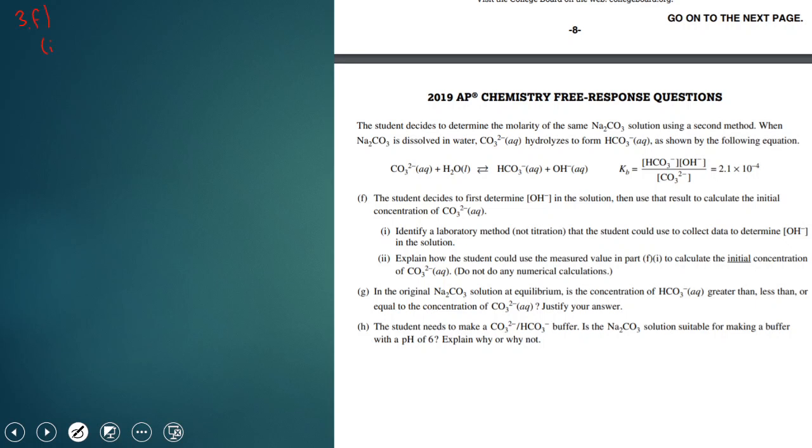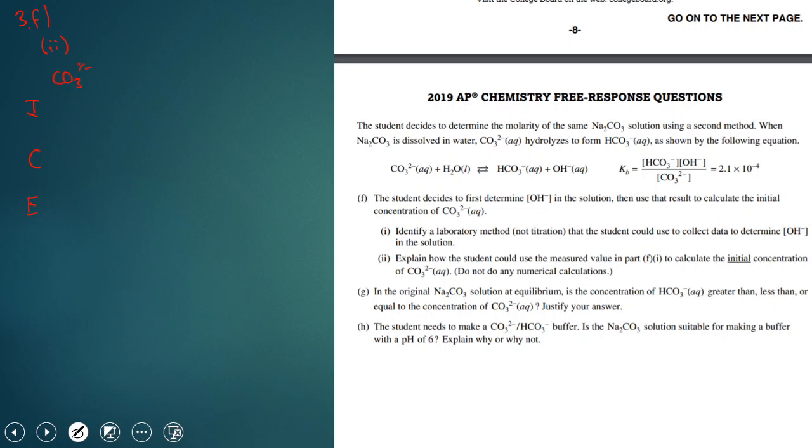So just like titrations are the best friend of acids and bases, the ICE or RICE table is our best friend for equilibrium questions. So let's see. If we consider our ICE, and then the imaginary R component as well, we have CO3 2-.